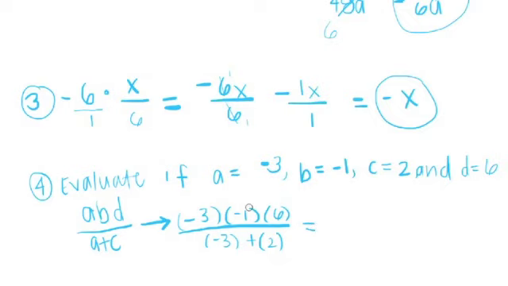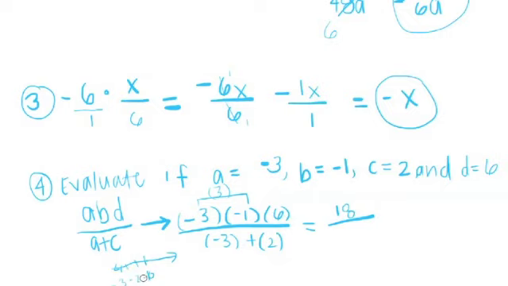So let's simplify. On the top, negative 3 times negative 1 is positive 3. So these two guys are going to give me a positive 3. 3 times 6 is 18. On the bottom here, negative 3 plus 2. So if you're still having trouble with that, here's my number line. Here's 0, 1, 2, 3.